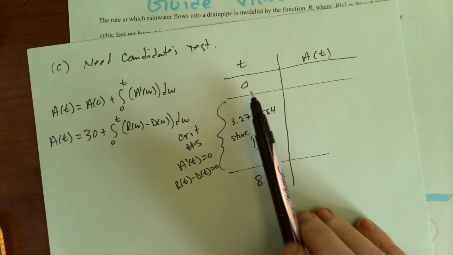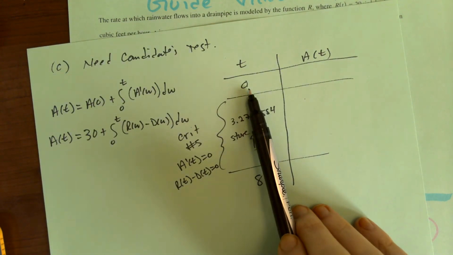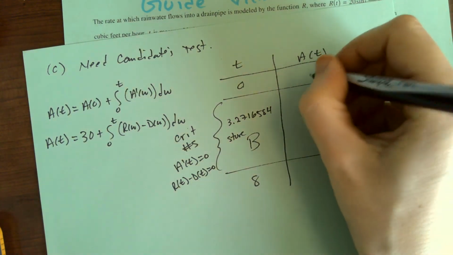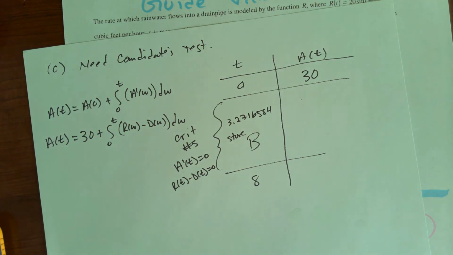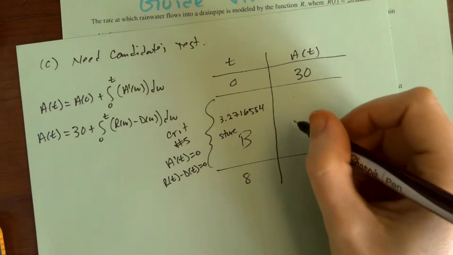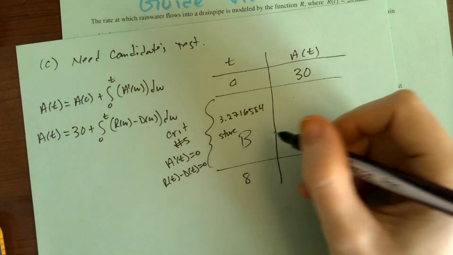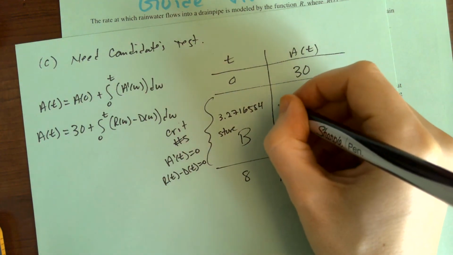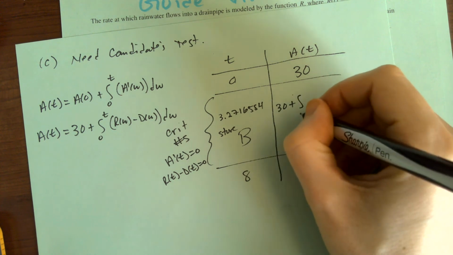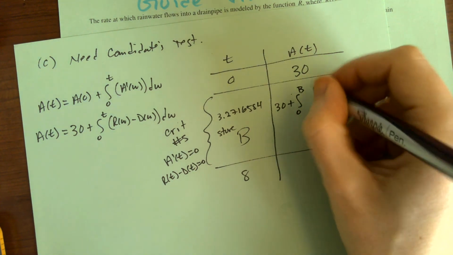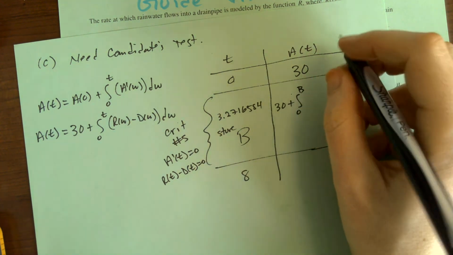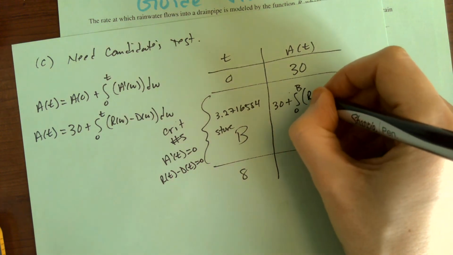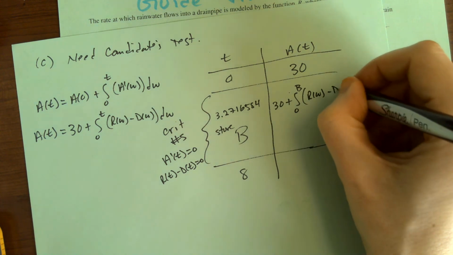Alrighty, now at 0, we already know that A of 0 is 30. We already know that. Okay, now for this one, A of B, I've got to go 30 plus the integral from 0 to B. And then in here I could put A prime, or I could put, I don't know, I'll put this.